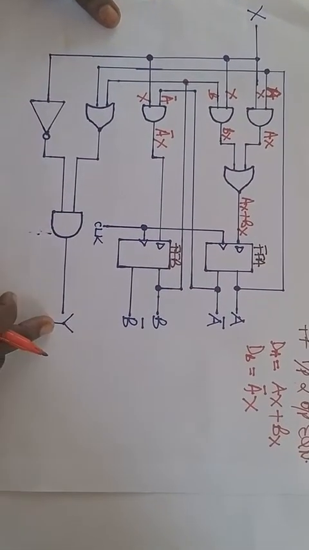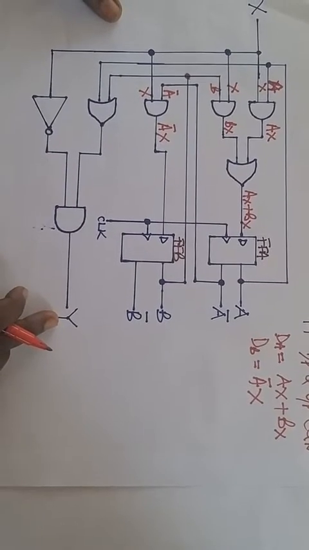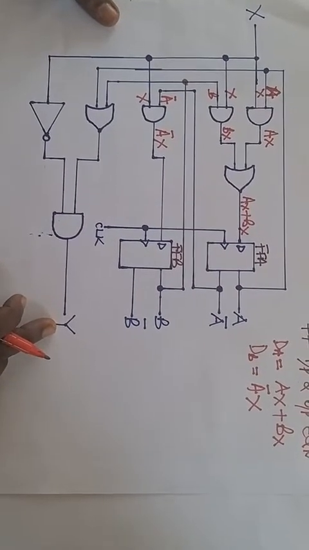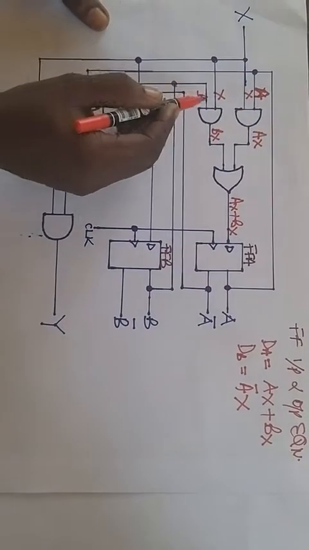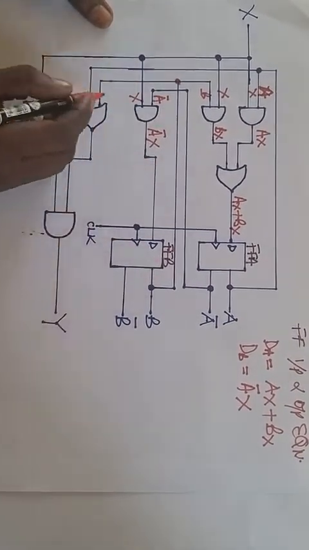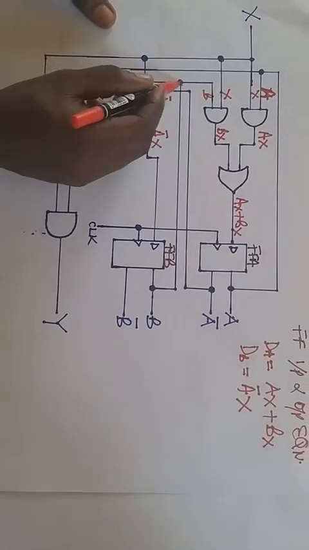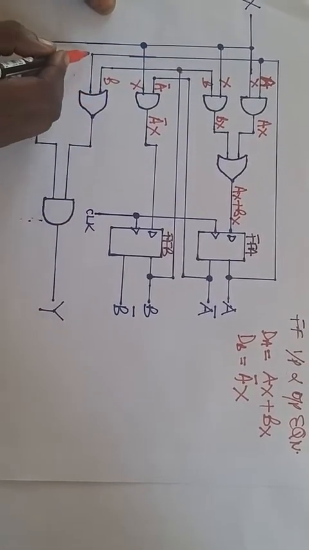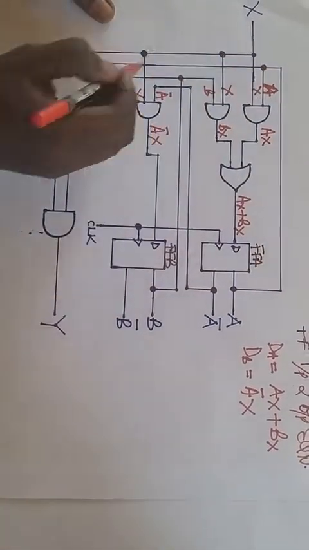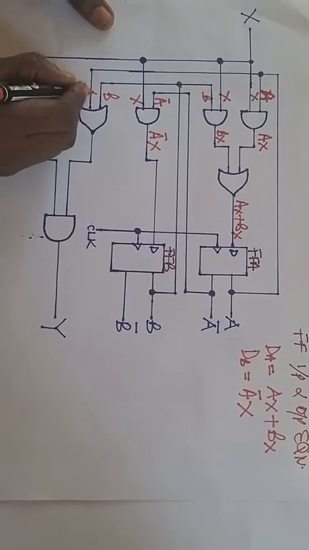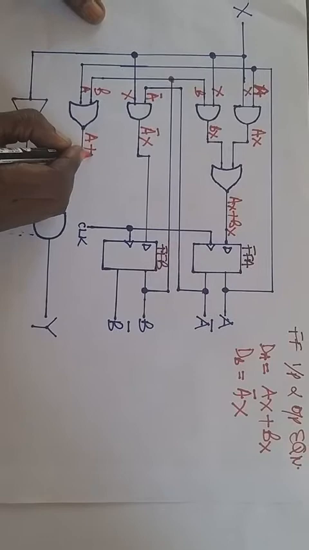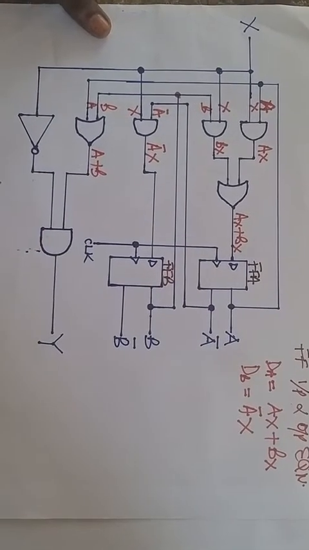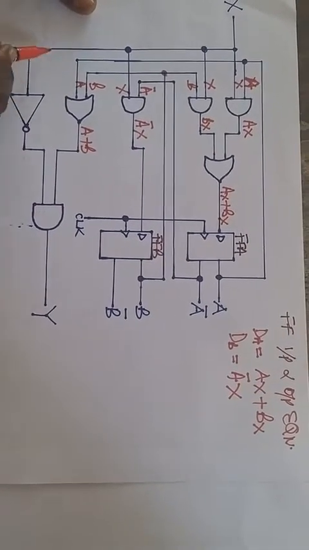We are left with the output Y. So let's do the output together. We have B coming here, and this is also A. So the OR gate gives A plus B. This is the inverter. Let's trace it.